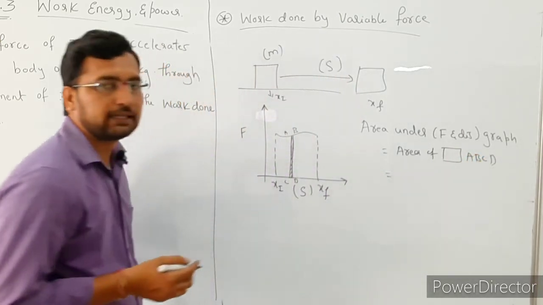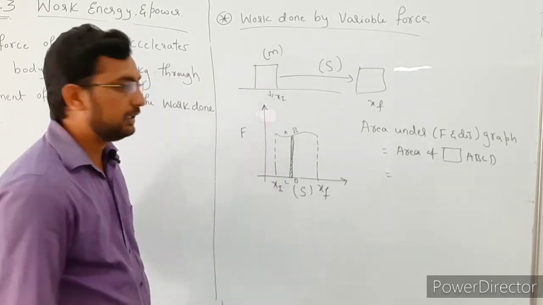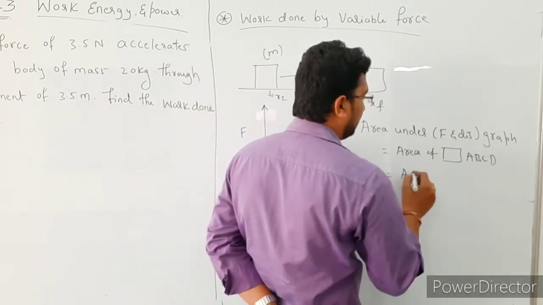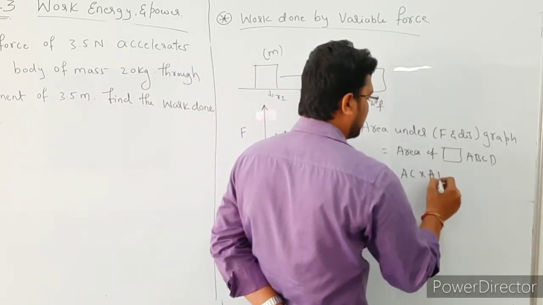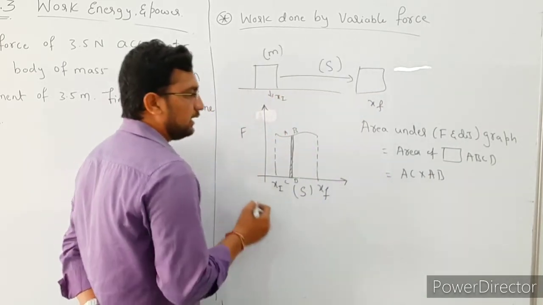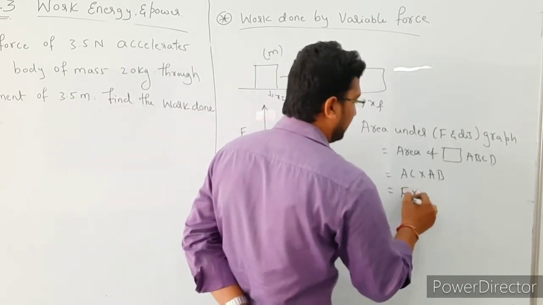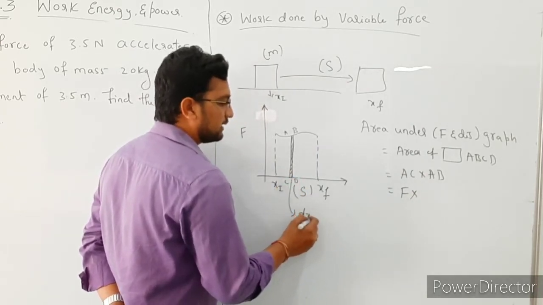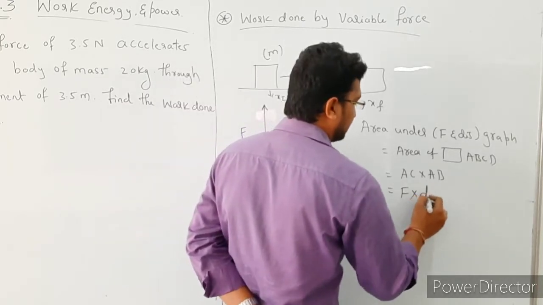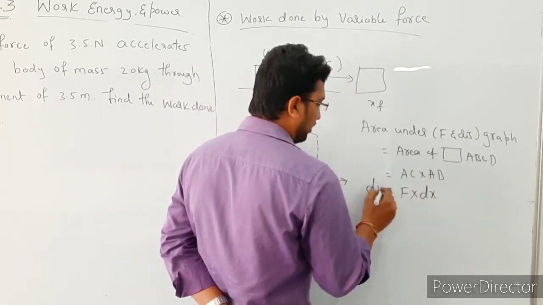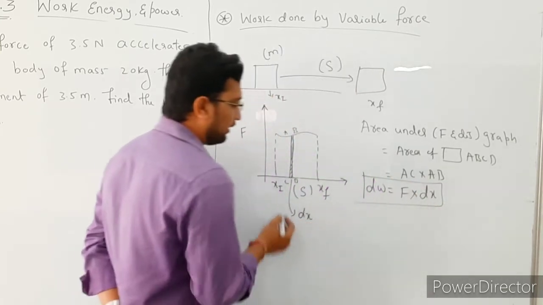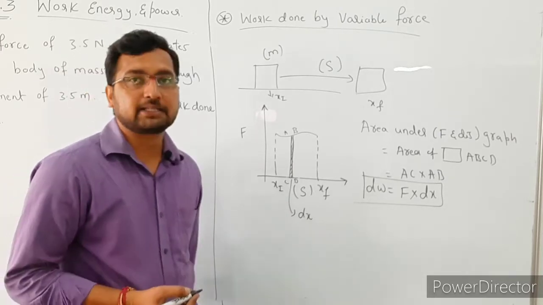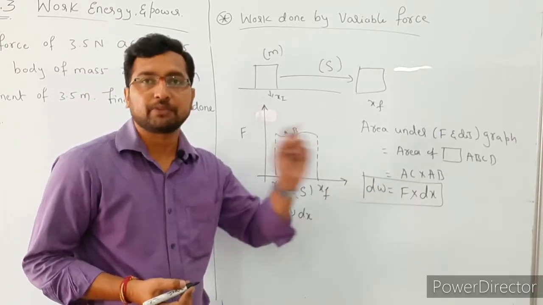To find the area of a rectangle we use the formula length into breadth. Here the length is AC and the breadth is AB. AC is the force and AB is a very small displacement, let us assume dx. So this is a small work done to displace the body through a very small displacement dx, that is dW is equal to force into dx.